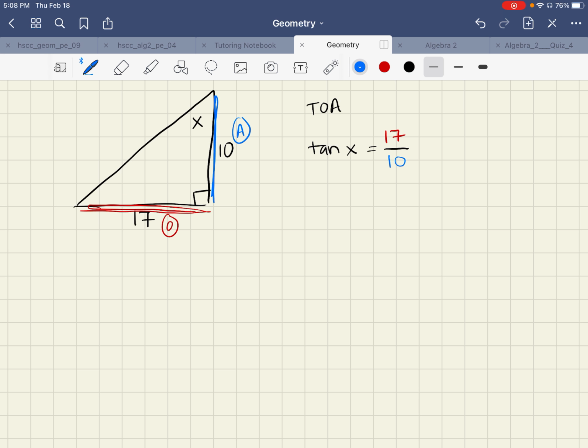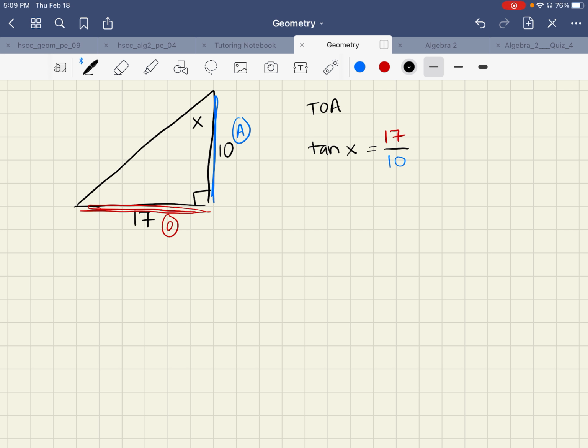Now you'll notice that what we're trying to solve for is x, and we can't plug this into our calculator, primarily because our calculator doesn't know what the angle is. So we have to learn this new thing called the inverse function.